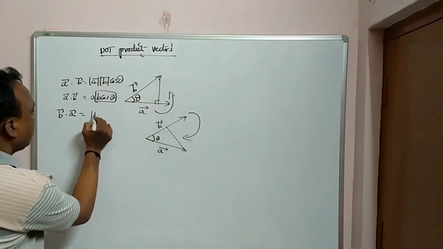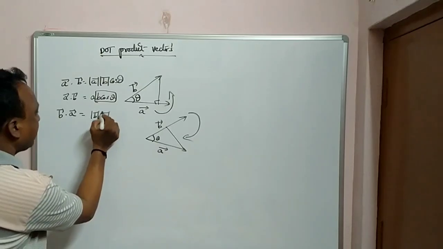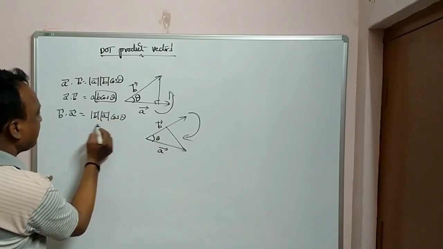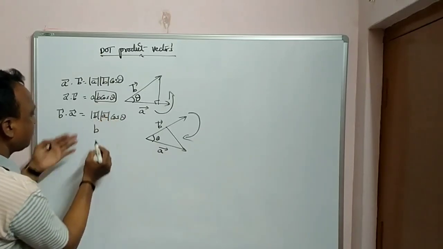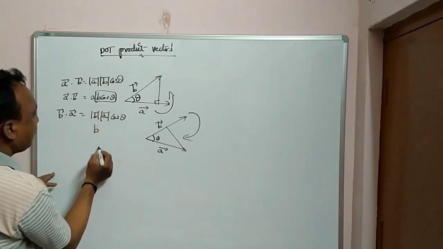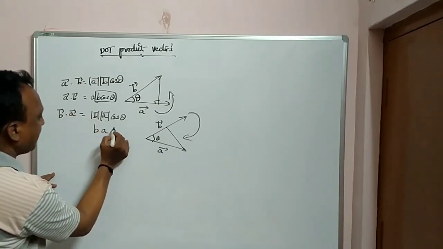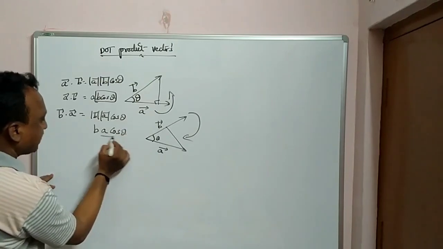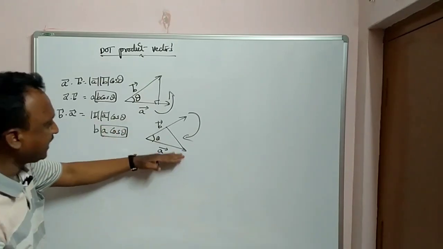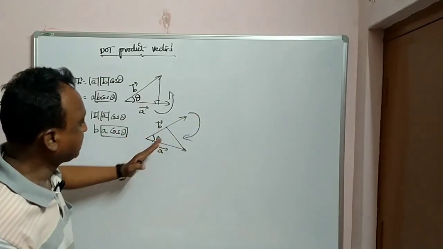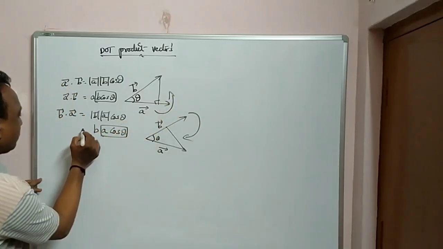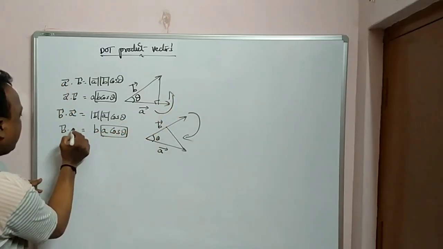Therefore, modulus b into modulus a into cos theta, that is ba cos theta. Here, a cos theta is the component along b vector. Therefore, this is given by b dot a.